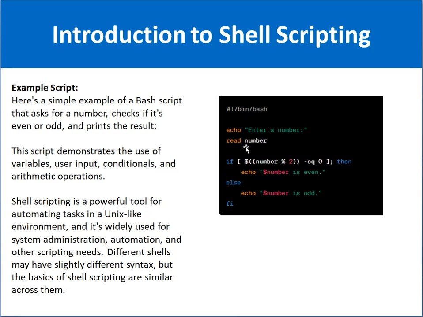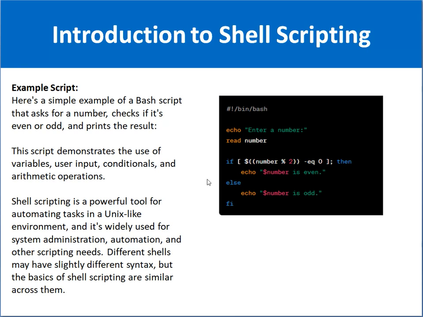Then read number. The command prompt will wait for the user to enter the number. For example, I enter the number 4. Then, if $number % 2 equals 0, it will divide the number by 2 and check whether it is divisible by 2 or not.